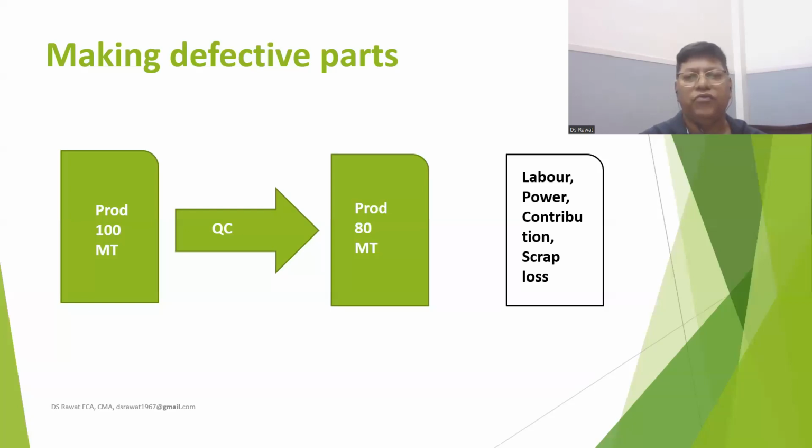Therefore, simply saying that waste has reduced from 20 metric ton or 20% to 10% and we have reduced the cost by this, only considering the raw material cost, is incorrect statement. Therefore, I say that in every problem, we have to find the true cost. And if we can identify the true cost, we can take correct decision to reduce it. If we cannot, then we cannot reduce.